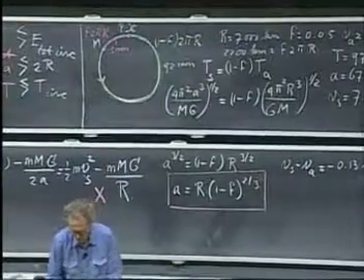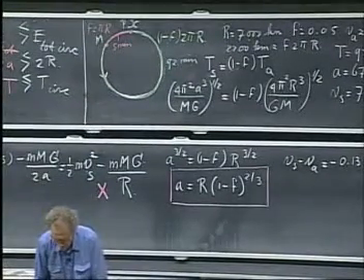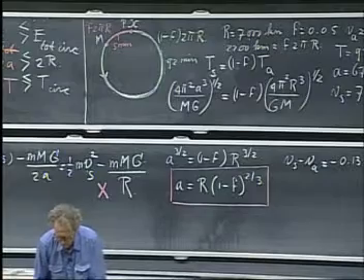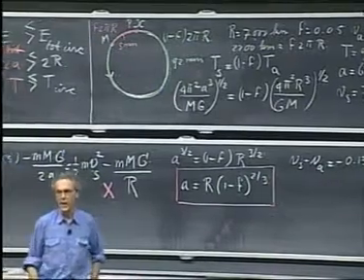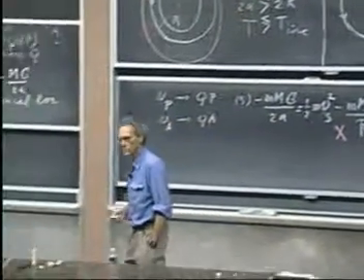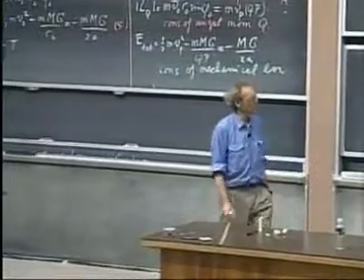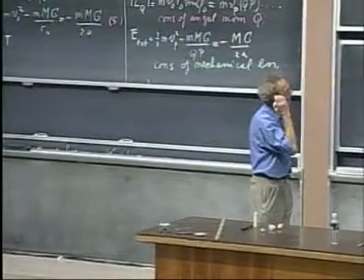Now 0.13 kilometers per second is 300 miles per hour, which is a little tough, even for Peter. And so we have to look for different solutions. This won't work. This was an easy one, but it doesn't work.